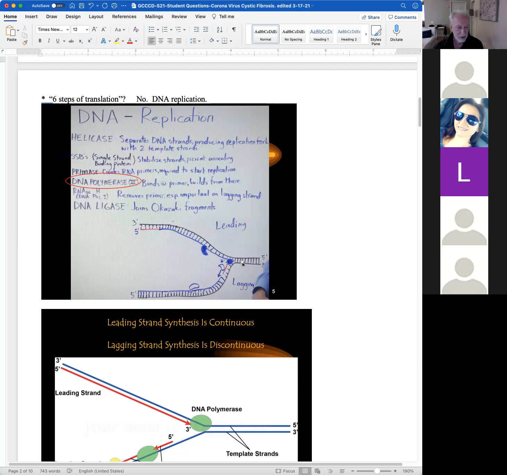As a new section of DNA is unwound, a new primer goes down, DNA polymerase makes a short stretch of DNA, copies DNA. The primer gets removed by RNase H, and the two strands that have been just made are joined by DNA ligase. So all this extra work has to be done because of the requirement that DNA polymerase has to go from 3' to 5'.